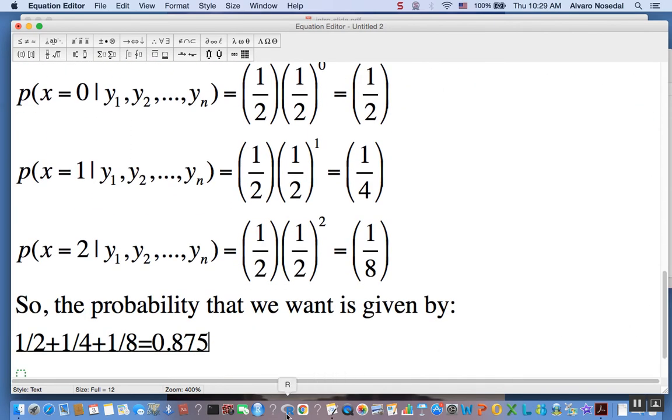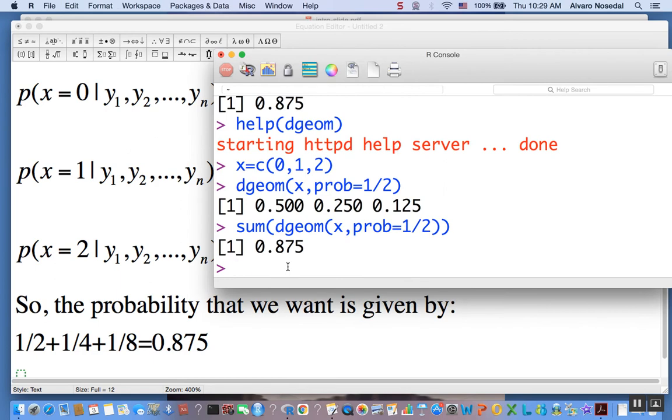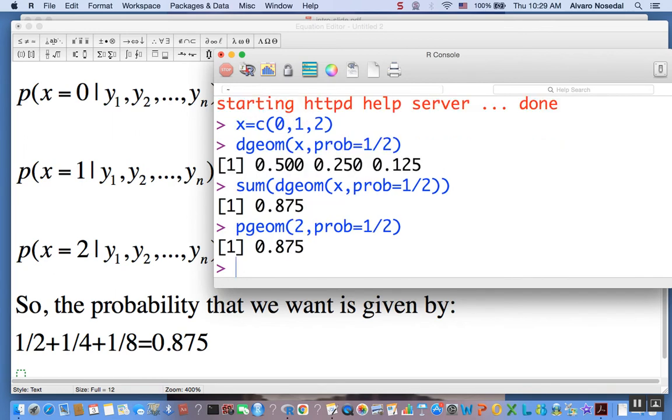And it turns out that there's a function to evaluate the CDF. It's pgeom. That would give you the evaluation of a CDF for a geometric random variable, right? So we want to evaluate it at 2, and the probability of success 1/2. There we are. So same, right? Okay.